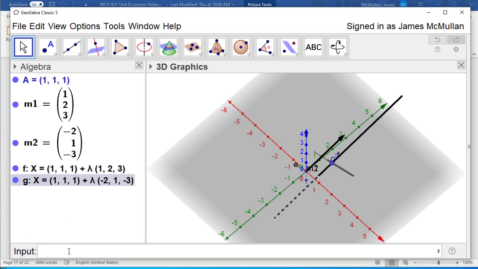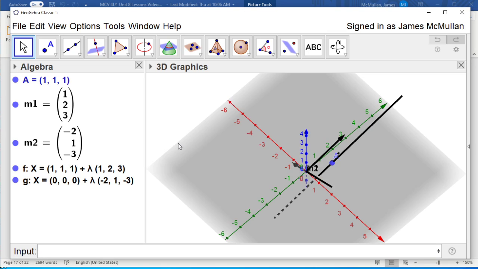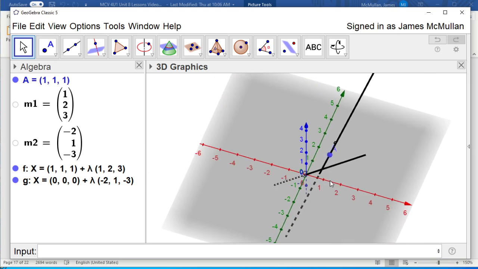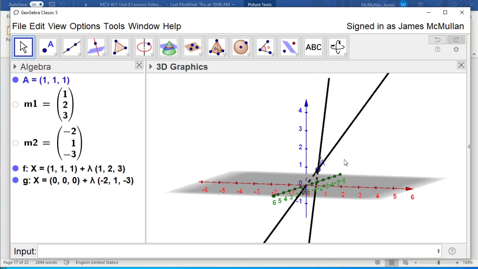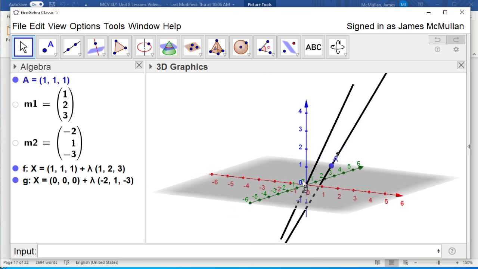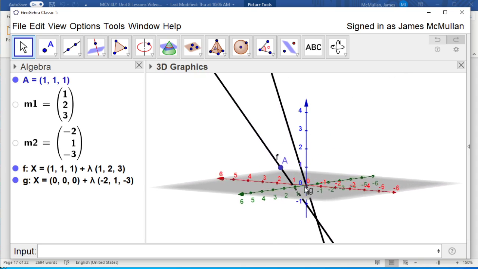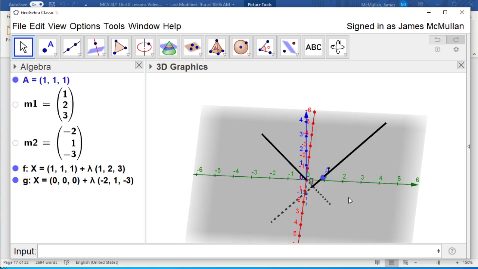Now, to draw skew lines, imagine we took G and, instead of having it go through A, let's have it go through (0, 0, 0) with these same things. Now let's get rid of the direction vectors to make it easier to see. These two lines do not cross and will never cross. You can see the closest they get is in this region between the two of them, but they're not going to get closer together as you move farther away out of this picture.